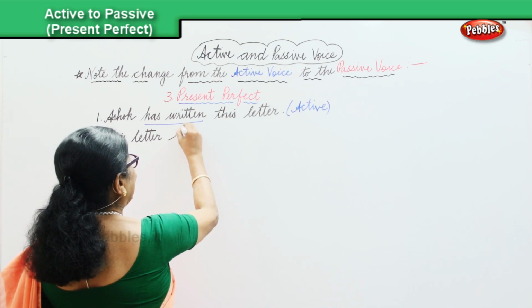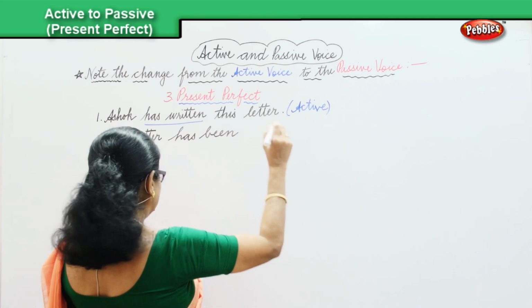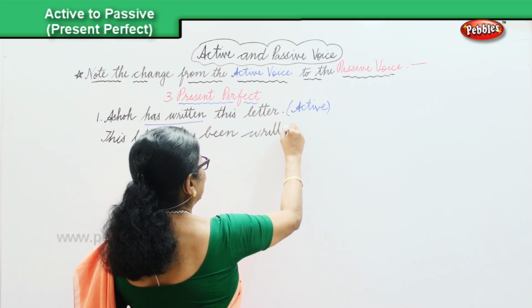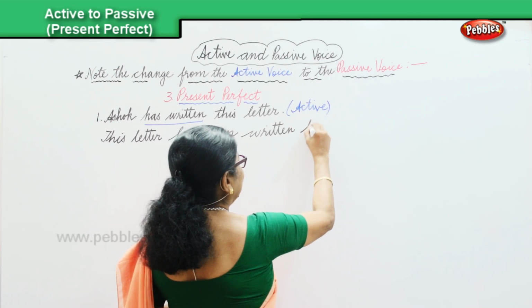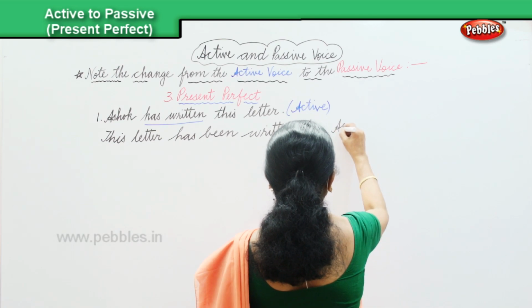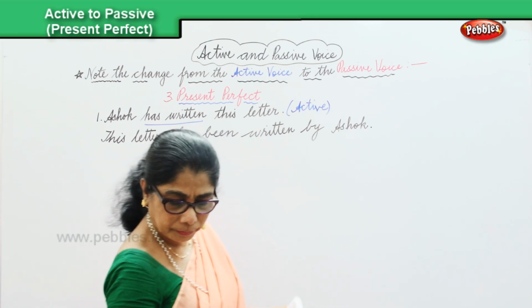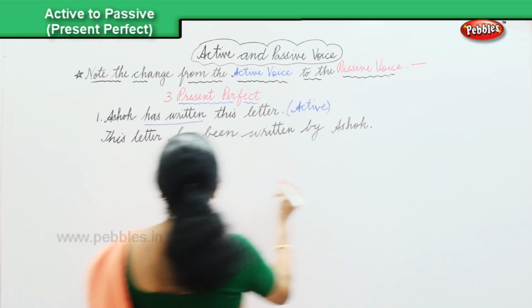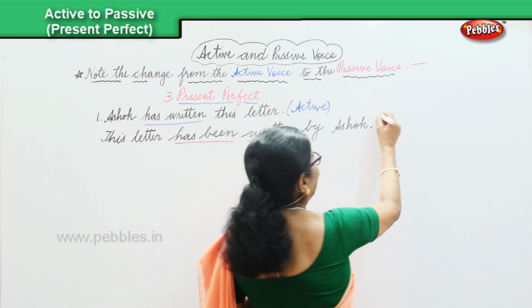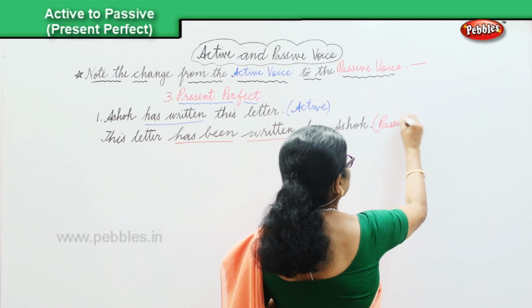This letter has been written by Ashok. Okay? Now, the verb here is has been written, and it's in the passive voice. It's in the passive. Okay.